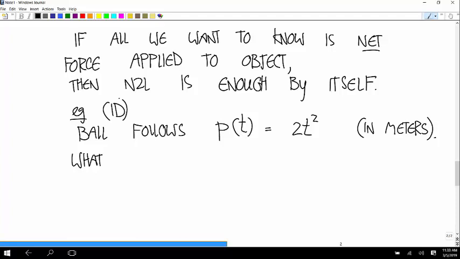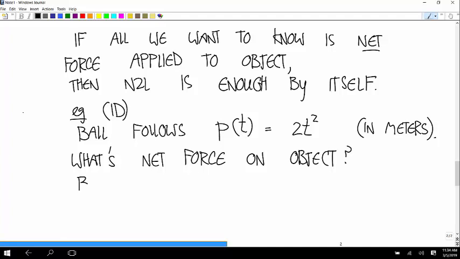That's why I don't have a position vector. I just have a single value for position. And say we want to know what's the net force on this object. Let's say that we're given that the ball has a mass of 0.1 kilograms.